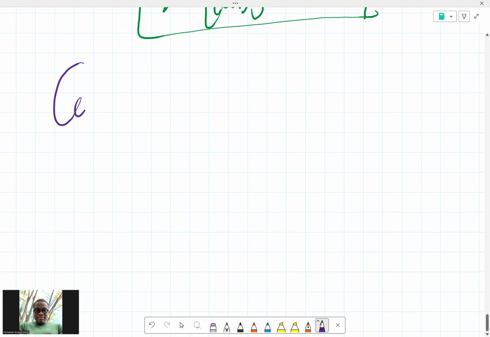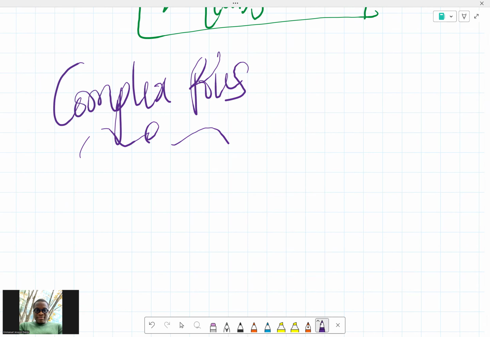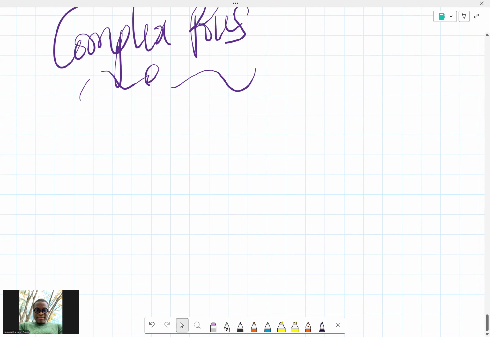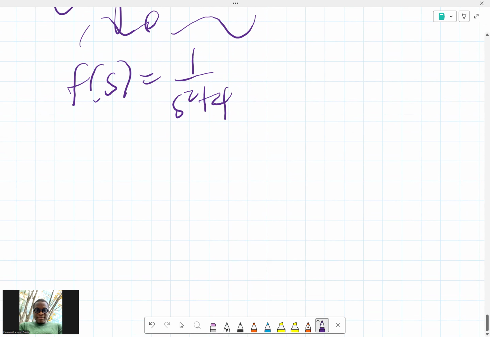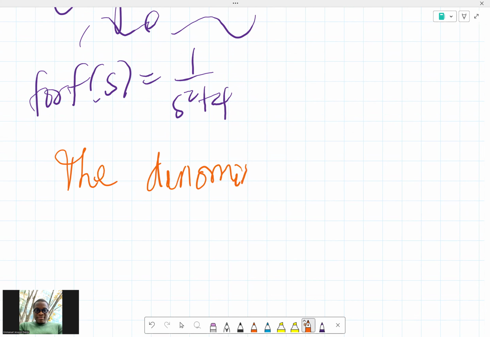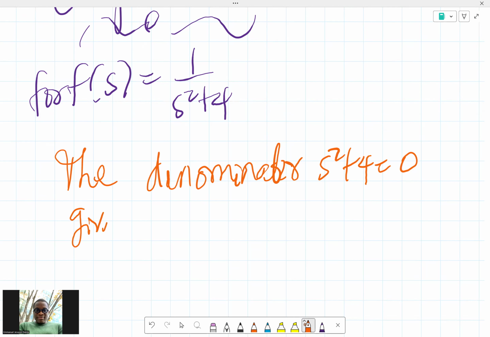Okay, so imagine an example on complex poles. Here, you have f of s equals 1 over s squared plus 4. So we see that for the denominator, s squared plus 4 equals 0 gives complex poles.